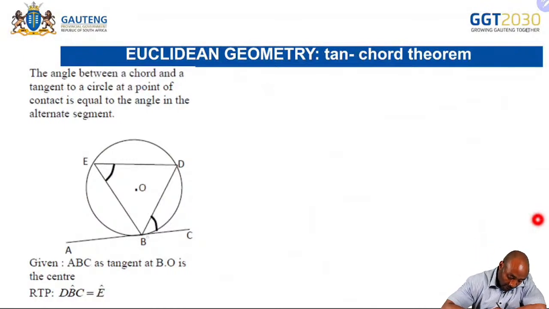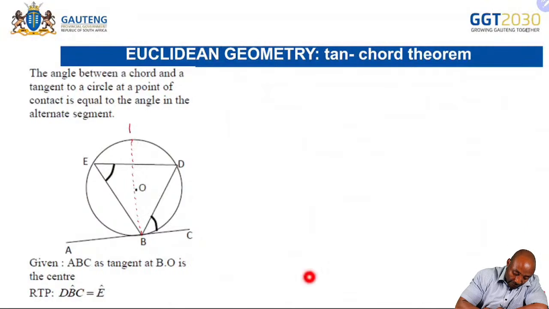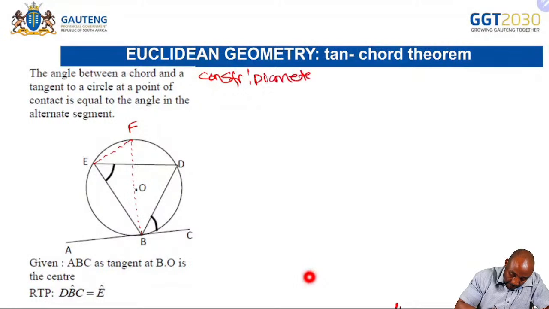So for our tan chord theorem, we will construct, I'm given A, B, C, D, E. I will construct BF, which is a diameter. I then join EF. So for my construction, I will construct a diameter.